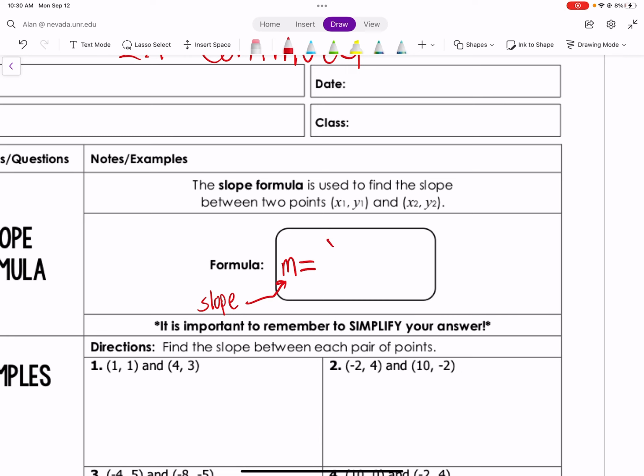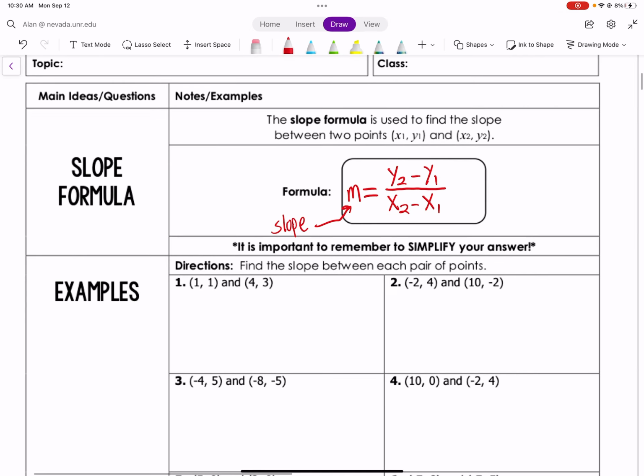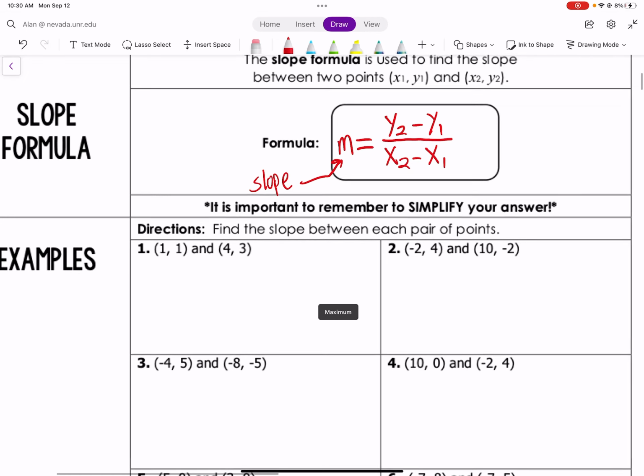M equals y2 minus y1, and those are subscript 2, subscript 1, divided by x subscript 2 minus x subscript 1. There's our formula that we'll use. It is probably a good thing to memorize this formula because we will use it a lot for the rest of this year.